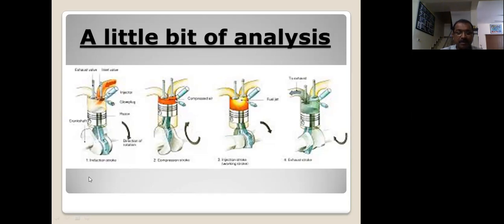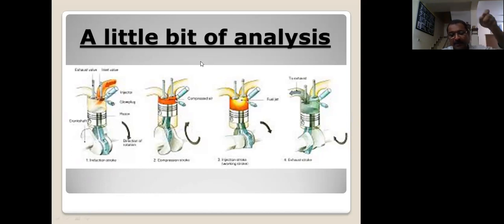So that is half a revolution. In the compression stroke, again, your piston is moving upwards. The piston is connected to the crankshaft, so the crankshaft will again make a half revolution from the bottom.